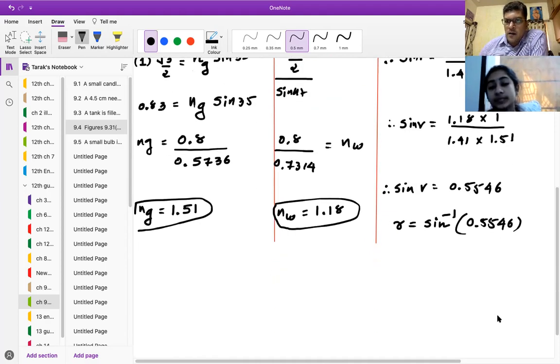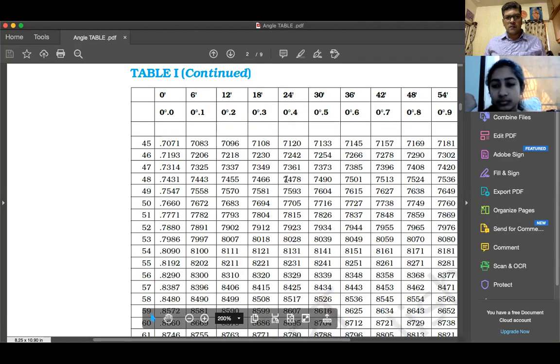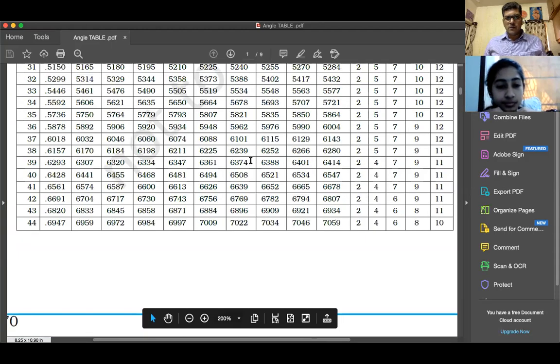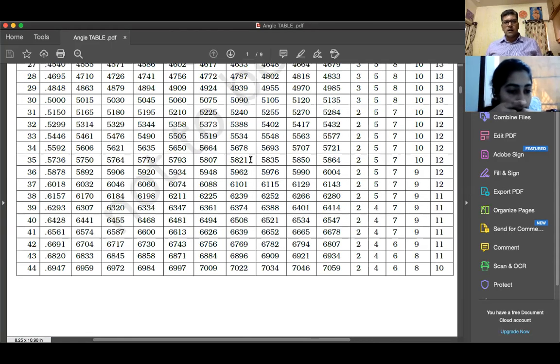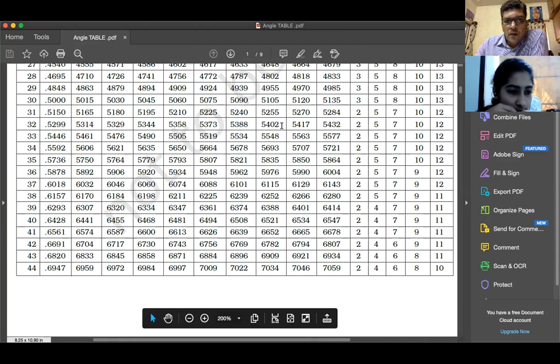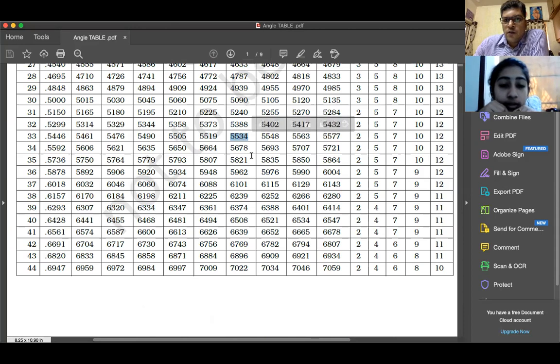Or if you have a table, from the table you can say where 0.5546 will be. 0.55 will be somewhere around 33 or 34 degrees. We want 0.5546, so we require the right side one, which is closer to 48.